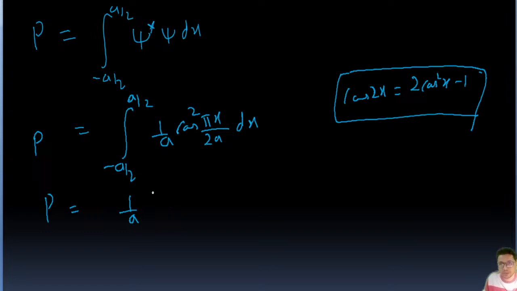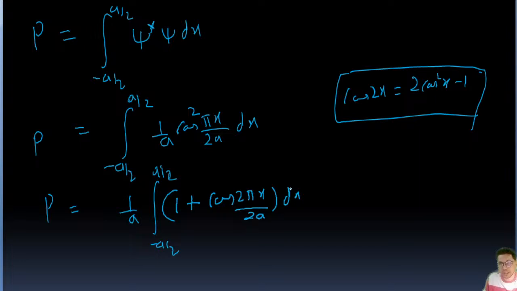So this is going to be 1 plus integration from minus a by 2 to plus a by 2, and this is going to be 1 plus cos 2 pi x upon 2a dx, right? Now we'll solve it.